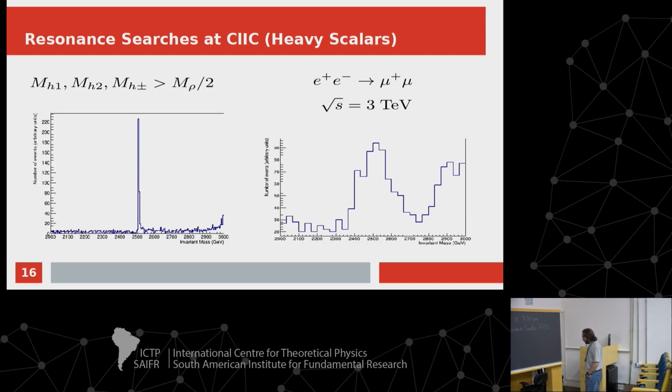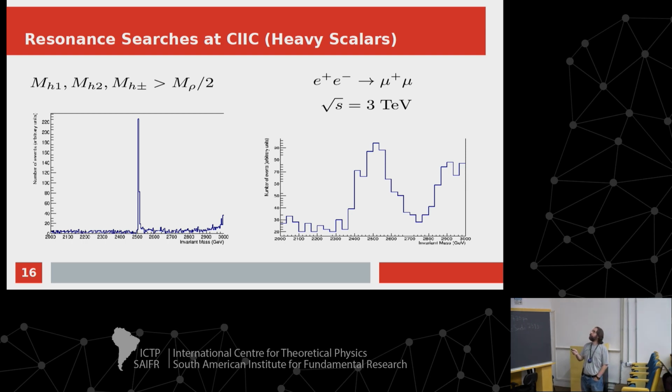We also explored the possibility of testing the model at CLIC in the high energy regime, because the new vector can be produced as a resonance in this channel, in the dimuon spectrum.